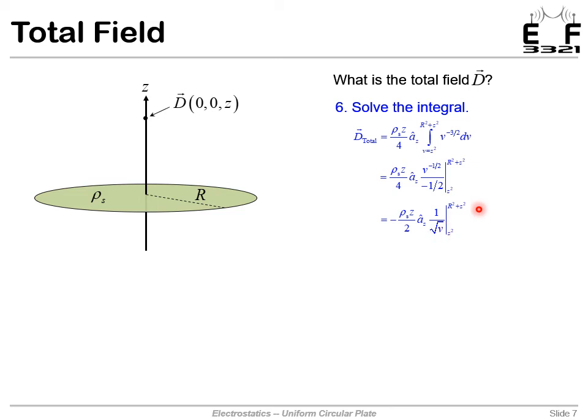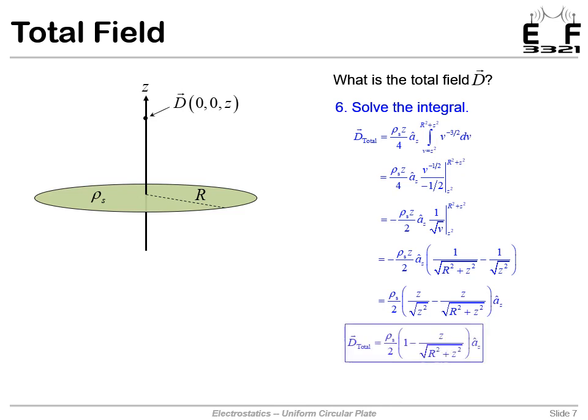That makes it easier to evaluate at our limits. So this is 1 over the square root of v evaluated at the second limit minus 1 over the square root of v evaluated at the first limit. And we can bring the negative sign on the inside, and we have our final answer for the total field observed along the z-axis at a height z above a uniform finite circular plate.